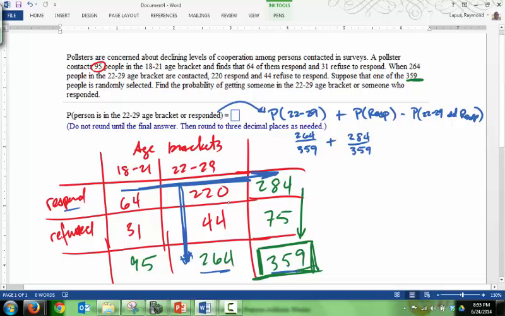But guess what? We counted 220 twice, right? We counted it when we looked for the age brackets, and we counted it when we looked for the people that responded. So we need to subtract out the 220 that we counted twice.